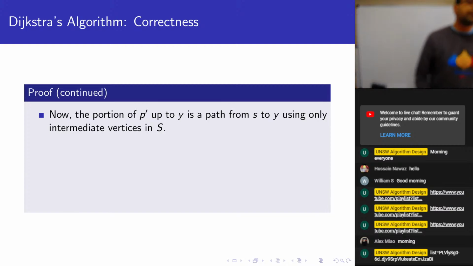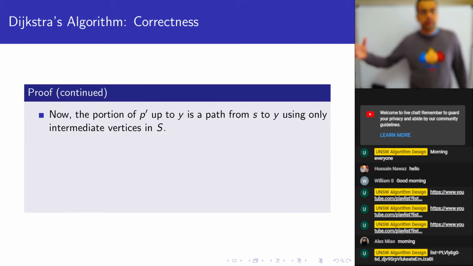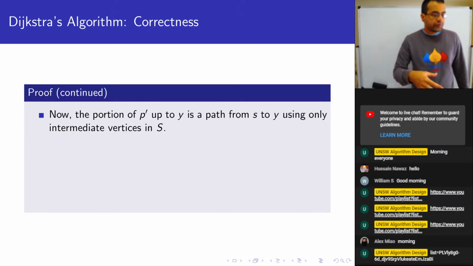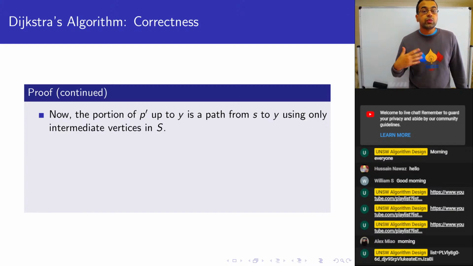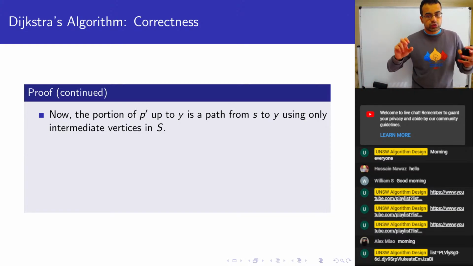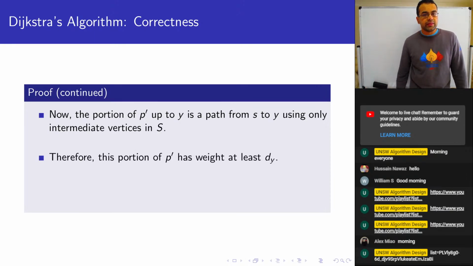So the portion of P dash which goes up to Y is a path from S to Y where every previous vertex was within the set S. And by definition, this was one of the candidates for the shortest known path to Y. And therefore, this part of the P dash path must have weight at least D sub Y. Yep. D sub Y is the shortest known path from S to Y with only intermediate vertices within the set S. And this is one such path.